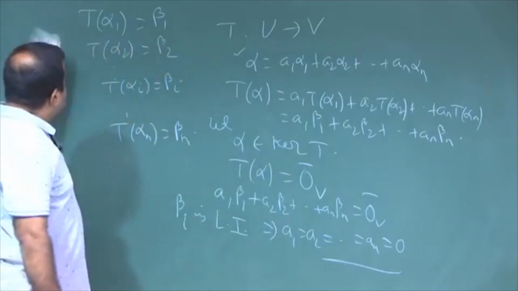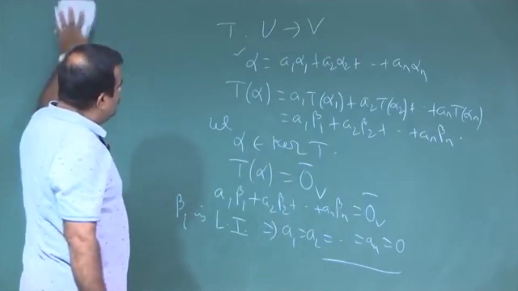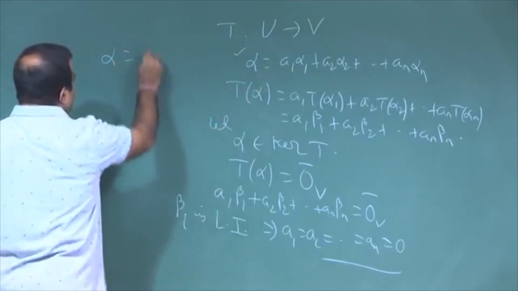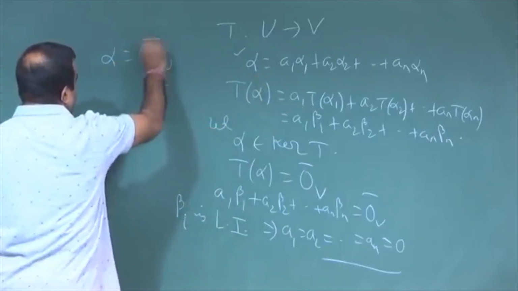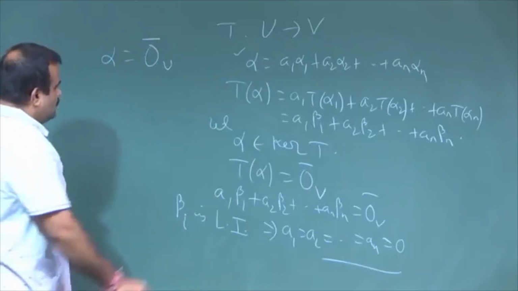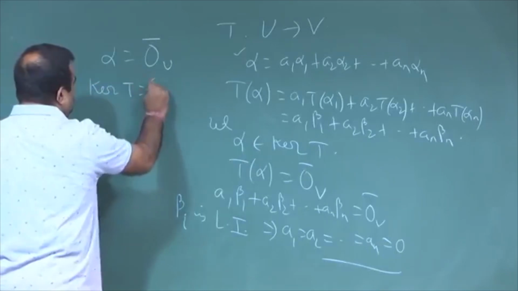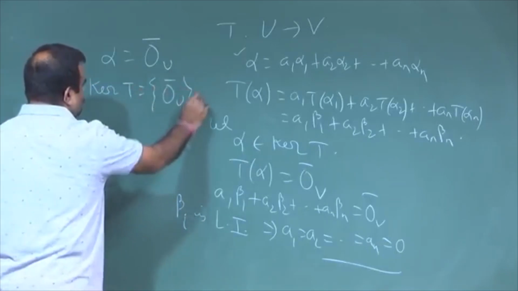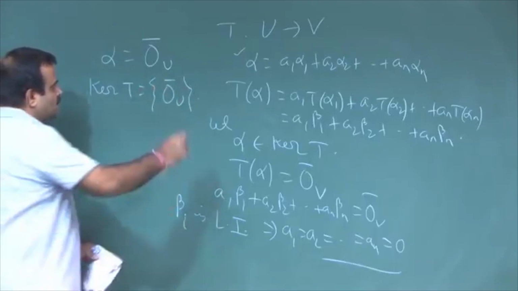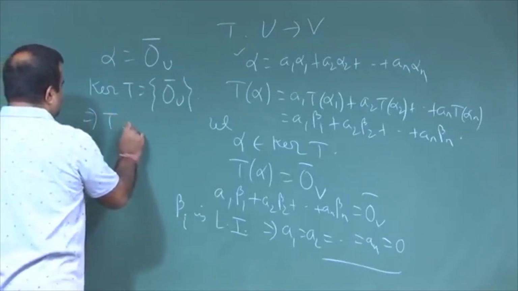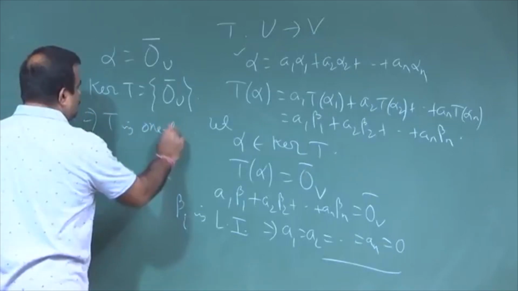Since all the ai's are 0, alpha, which is the summation of ai alpha i, is the 0 vector of U. So, the kernel of T consists only of the 0 vector of U. This implies T is 1 to 1.